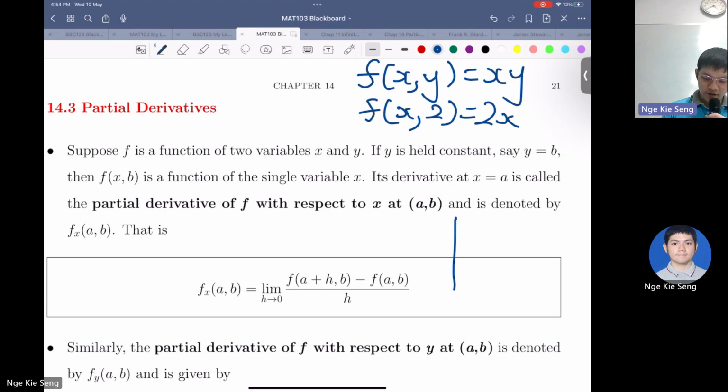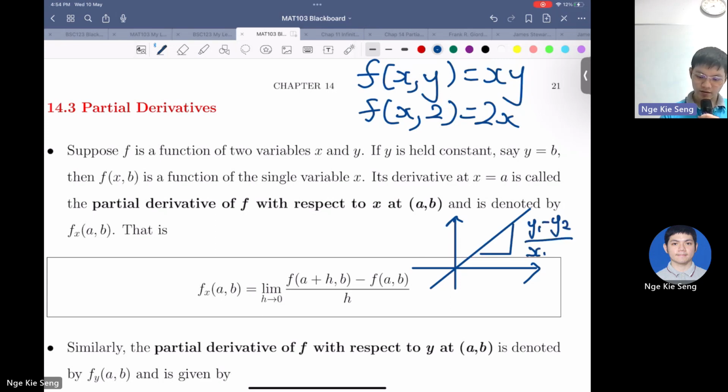So in the one variable case, how do you find the gradient? It is y1 minus y2 over x1 minus x2, right or not? But in this case here, we use a as a reference point. For example, we can use y1 as a reference point, so y2 is just h away from y1.